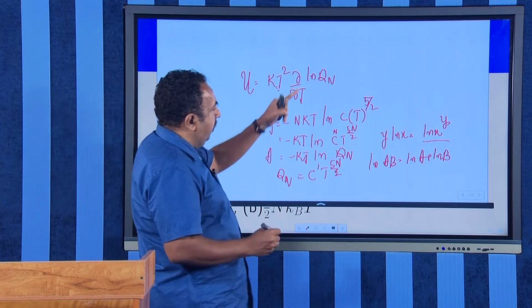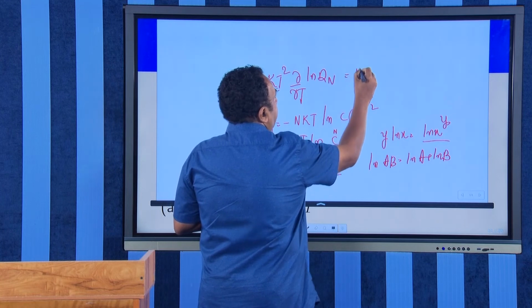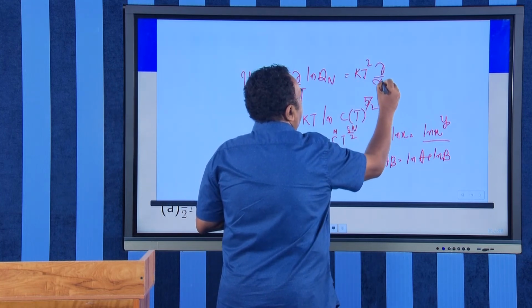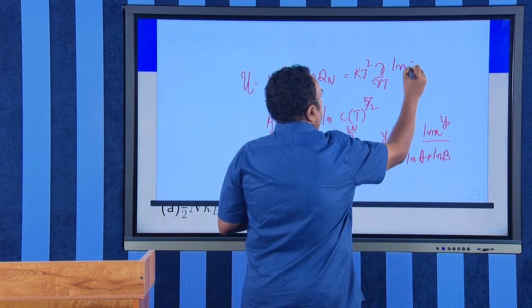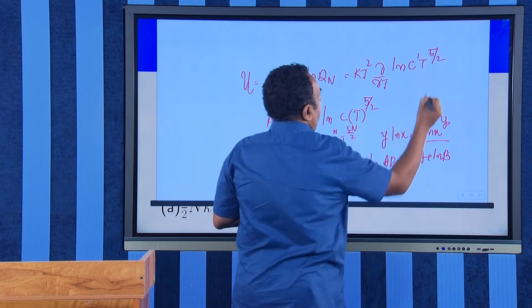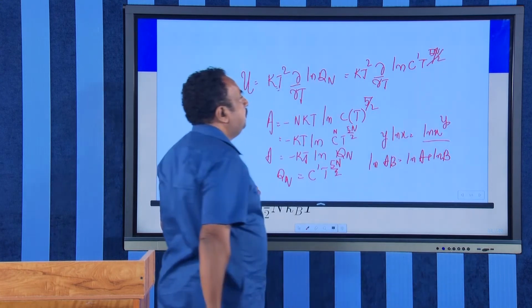Therefore, when I substitute log Qn there, this equation now becomes kT square dou by dou T of logarithm of C prime T raised to 5n divided by 2.